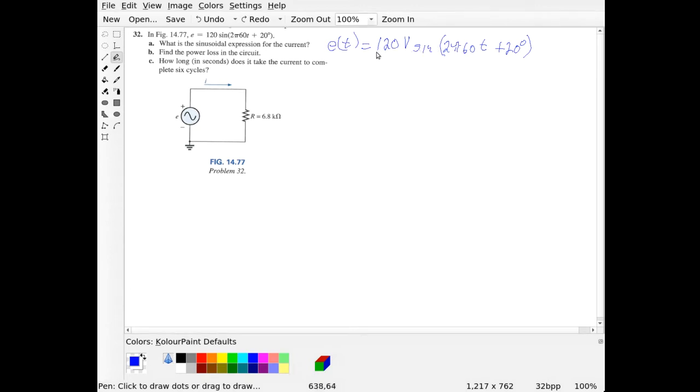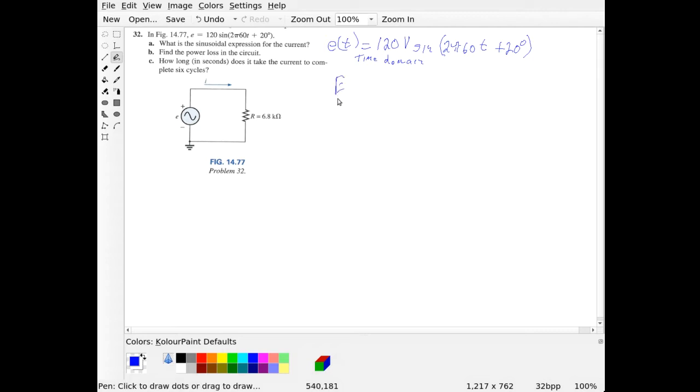Now, I do want to point out here that this is the time domain representation. And what we want to do is, when we're going to be calculating currents and voltages and all that kind of stuff, we really want to go to the phasor domain.